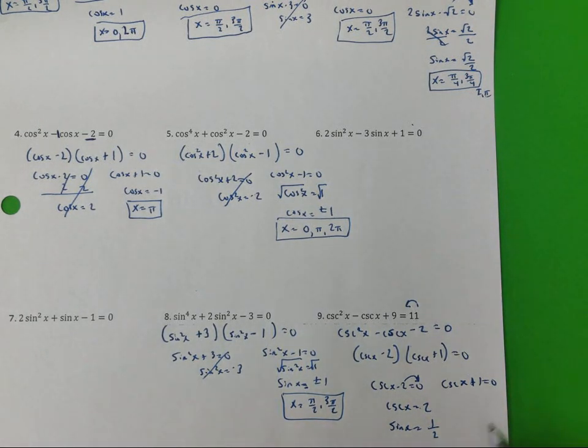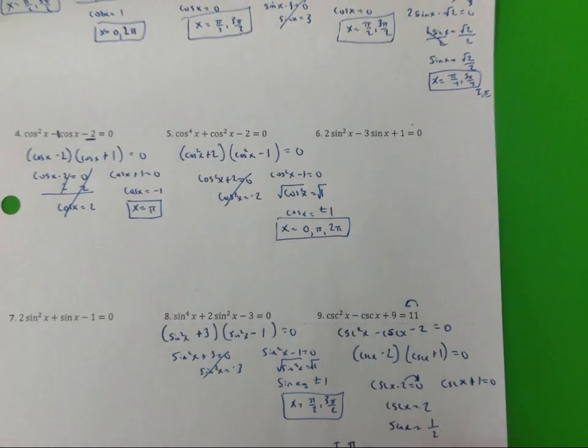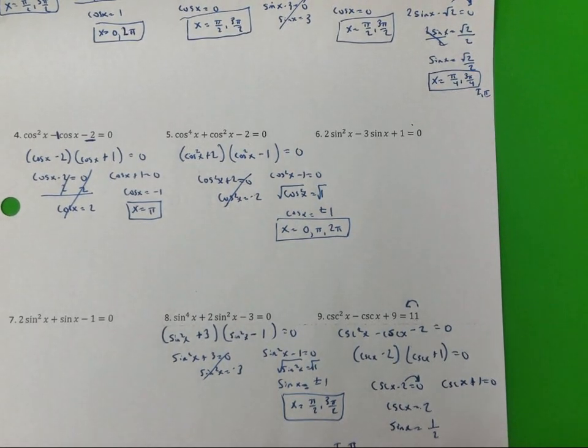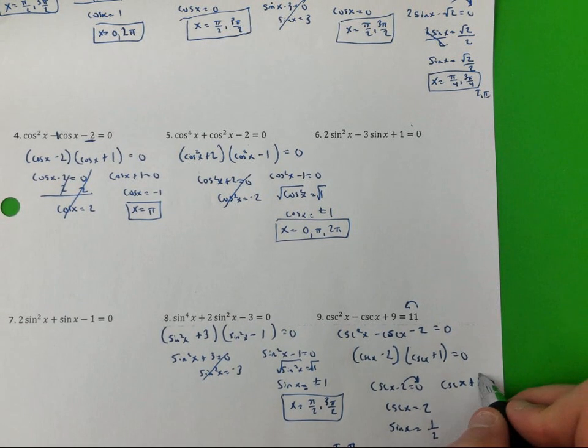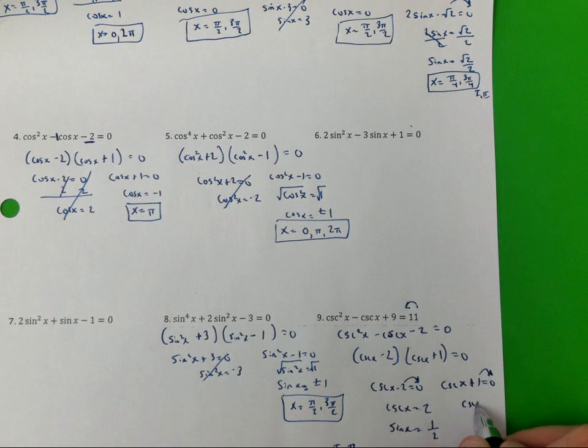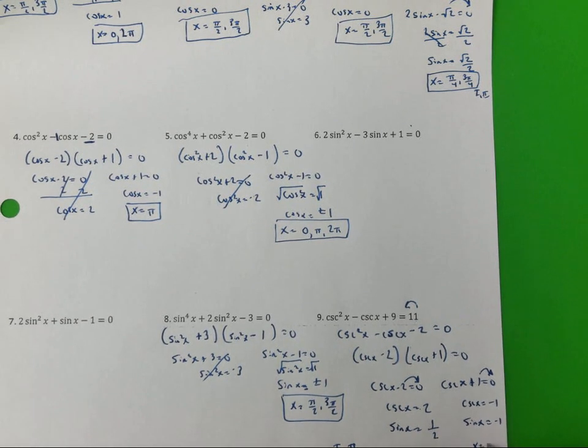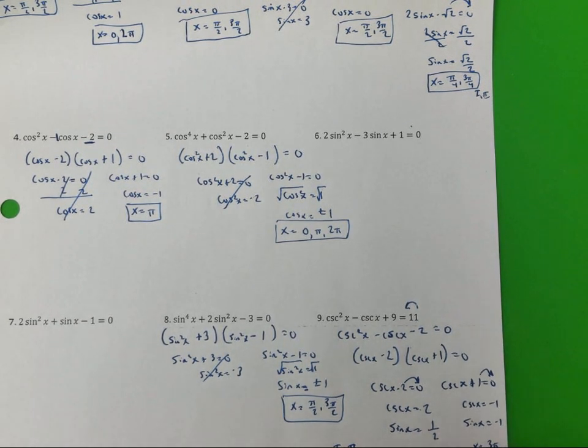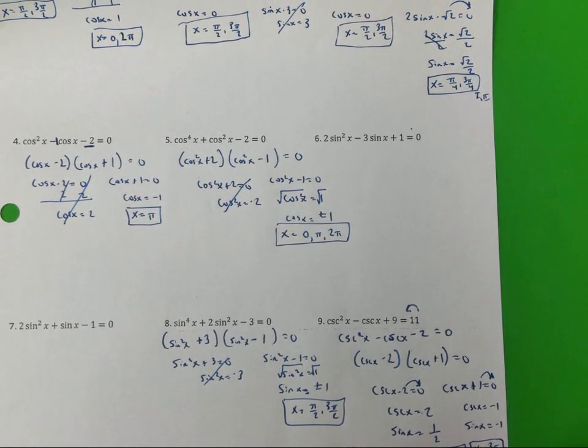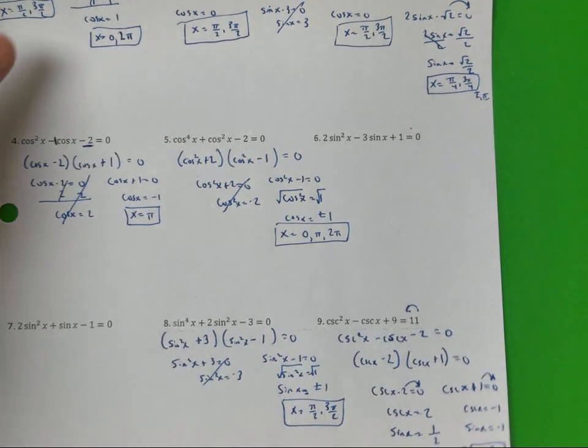That's quadrants 1 and 2, and that's the pi over 6 family. So x equals pi over 6 and 5 pi over 6. Now I'm going to move this over here. Cosecant of x equals negative 1. If I flip negative 1, it's still negative 1. And that x will be 3 pi over 2. So there's my 3 answers for this particular problem.